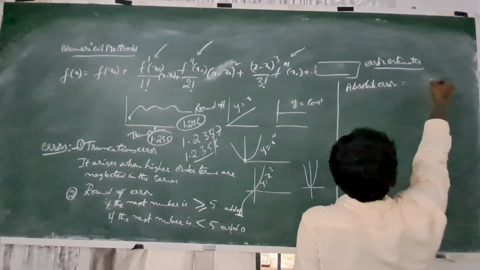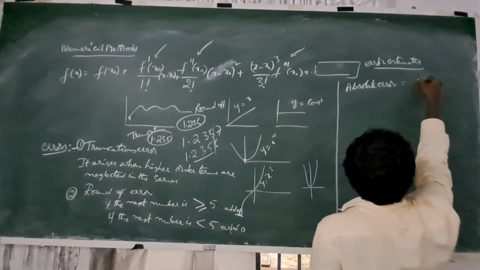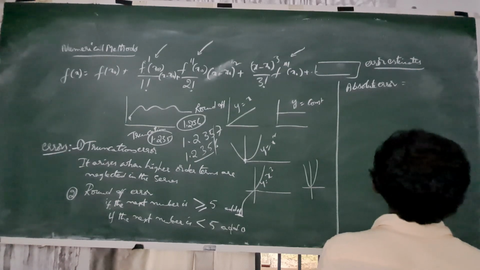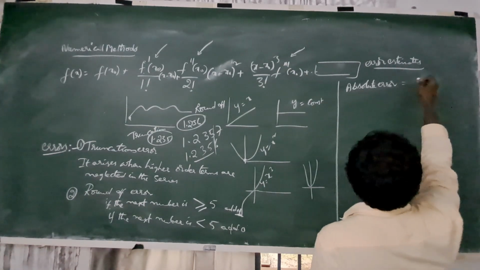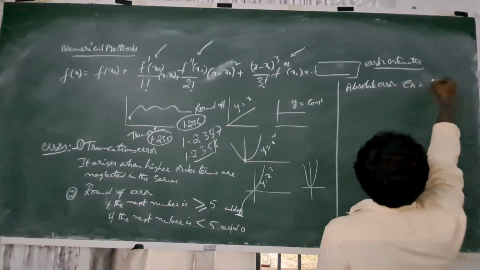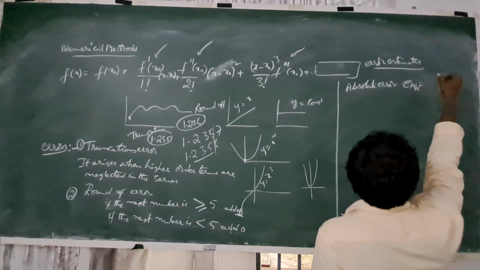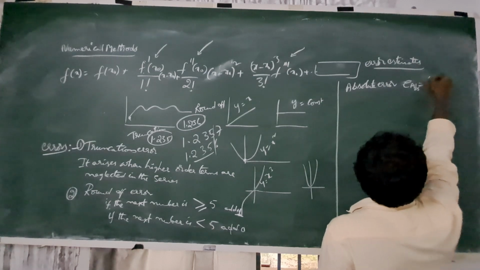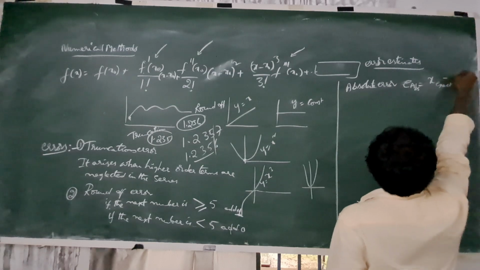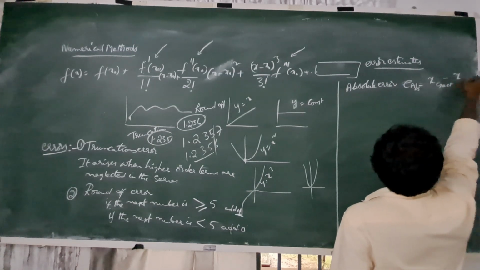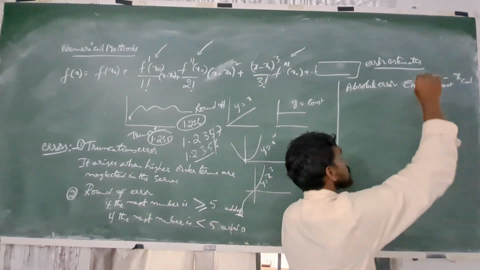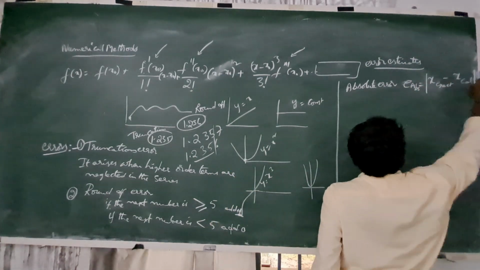So it is obtained by E_A is equal to x exact minus x calculated, with an absolute modulus.